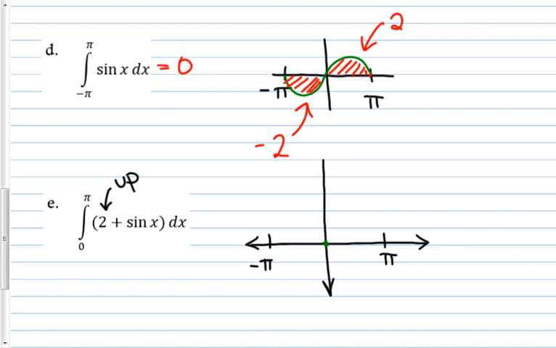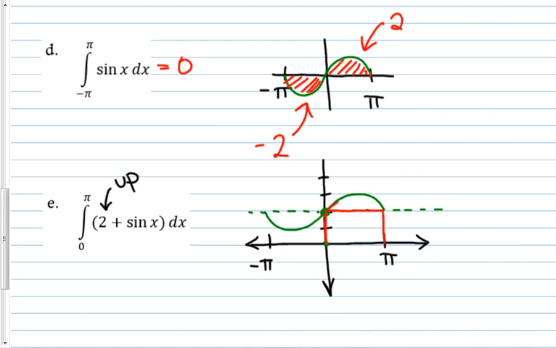But since I have to move up 2 spaces, I'm going to end up here. So then, let me give myself a little line here so I can do my curves all pretty. So it's now going to look like this. Now they want me to focus on the area from 0 to pi. So from here to here.